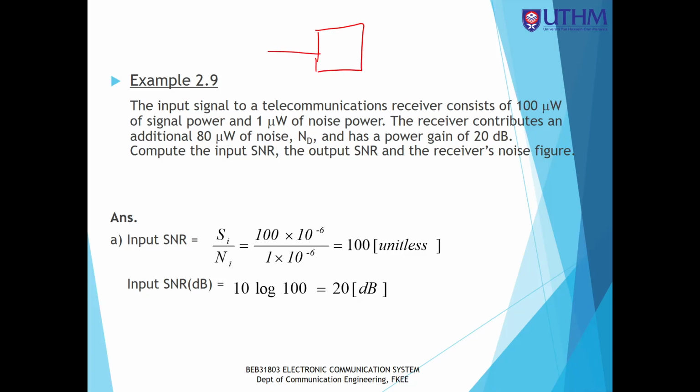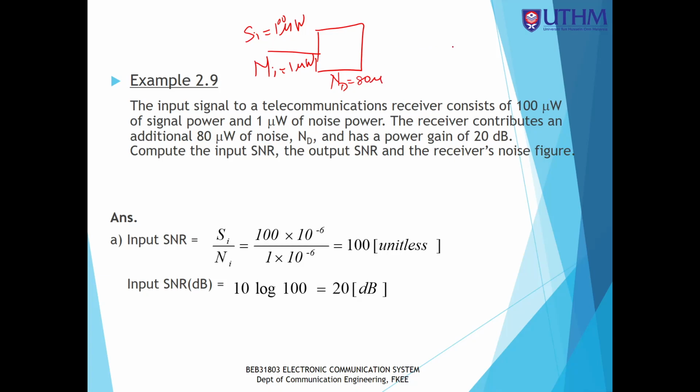So the input SI is 100 micro, NI is given as 1 micro. Okay, so the receiver contributes an additional 80 microwatt of noise. So ND produced internally by the system is equal to 80 micro.